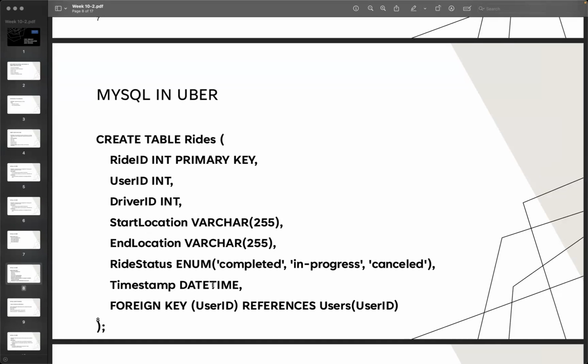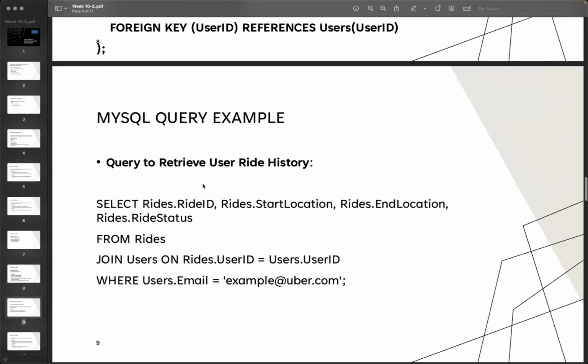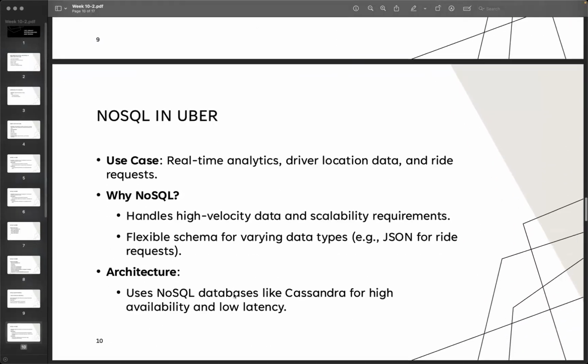For calculation, the timestamp is a number, but from the number you can get the year, month, date, or actual time. And then we will connect with the foreign key and references to which table and which ID. So we can use queries to retrieve all that history, and for joining tables, maybe account ID, email, right here.